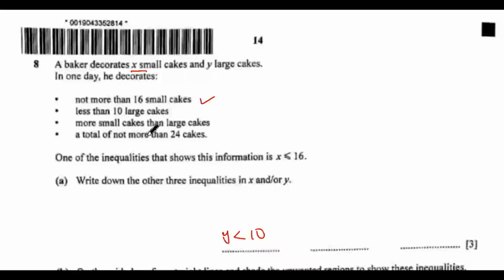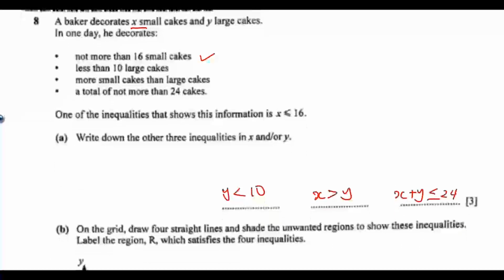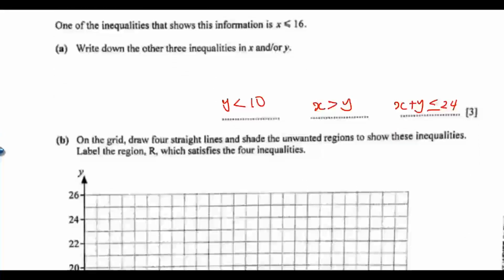For more small cakes than large cakes, that is x greater than y. And the fourth one, a total of not more than 24 cakes, that is x plus y less than or equal to 24, that is 24 and below. So these are the 3 inequalities required from part A.